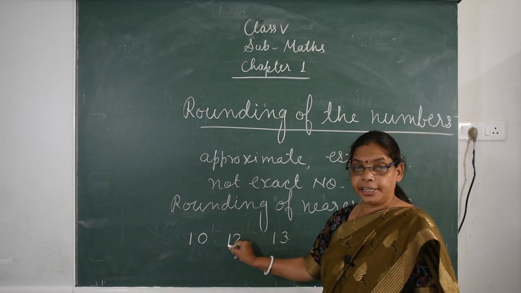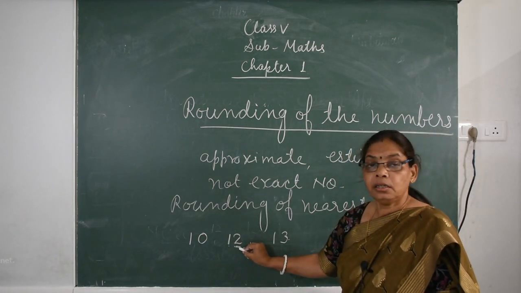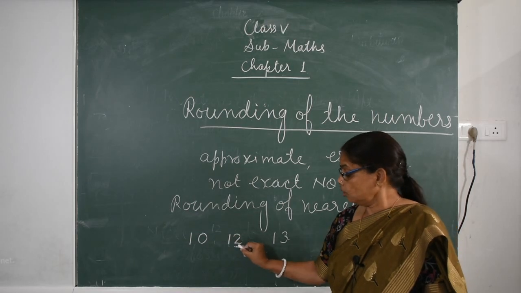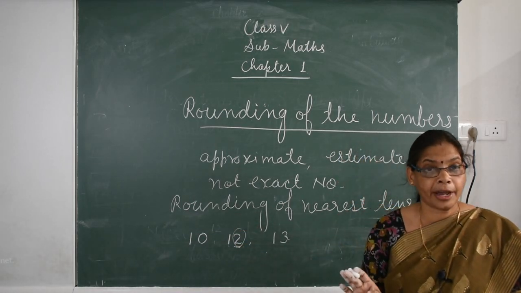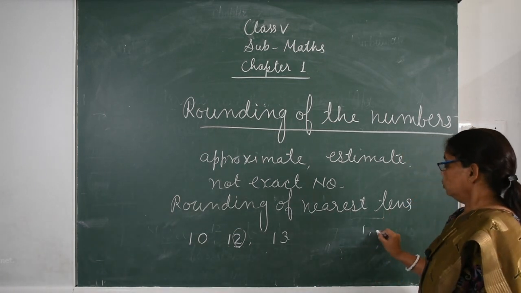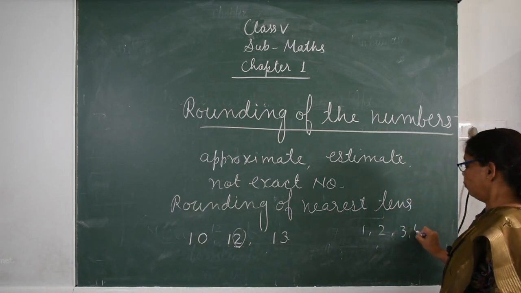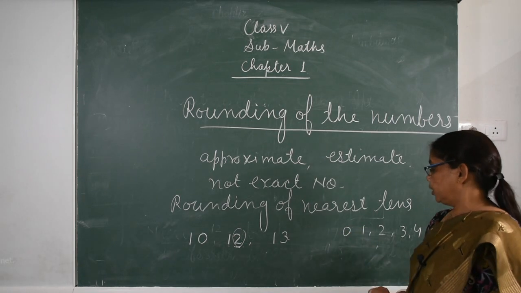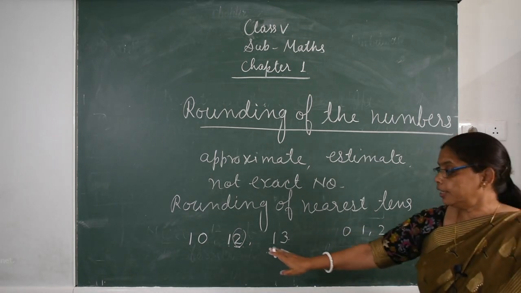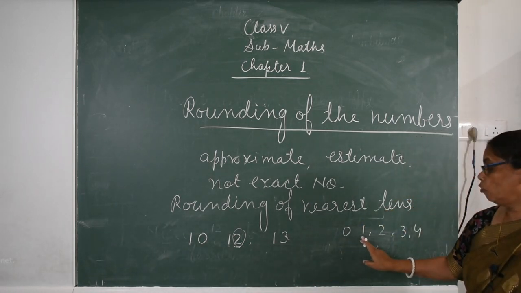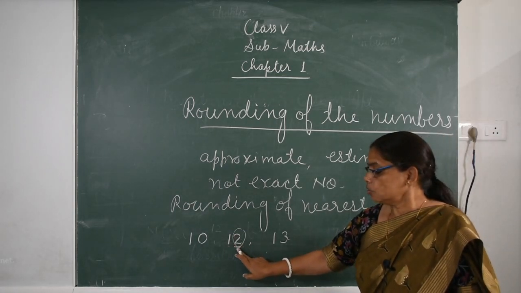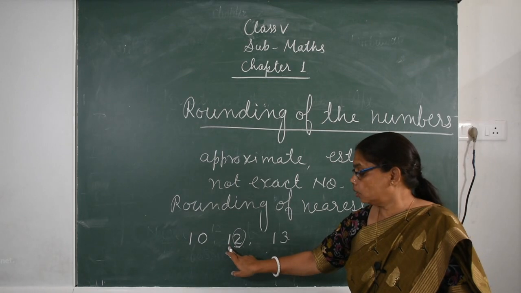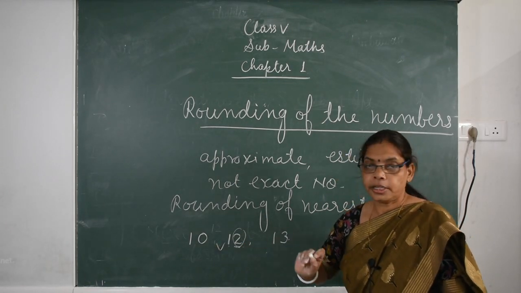So 1 is in the tens place. So we see the digit next to it. If this number is less than 5, it means 1, 2, 3 and 4, and 0 also. So when this digit is in the group 0, 1, 2, 3, 4, we put 0 here, and the remaining number stays the same.